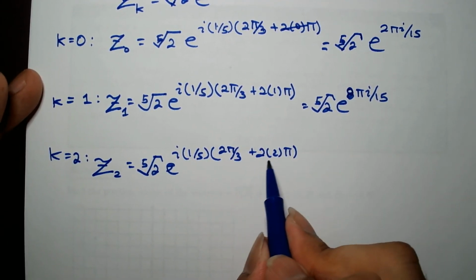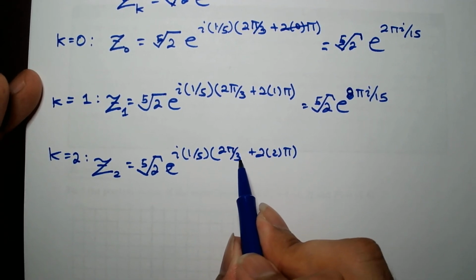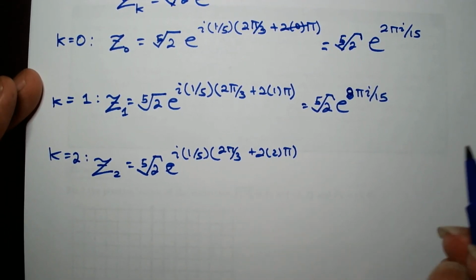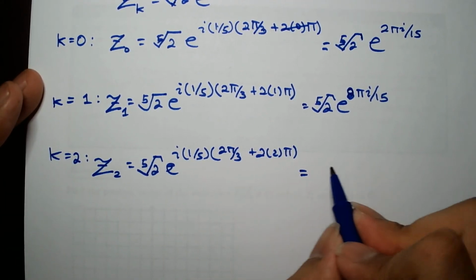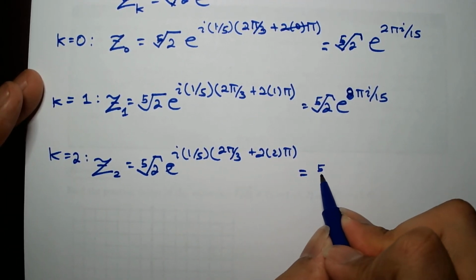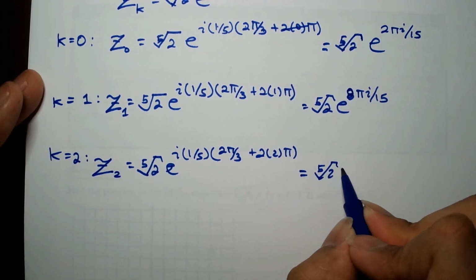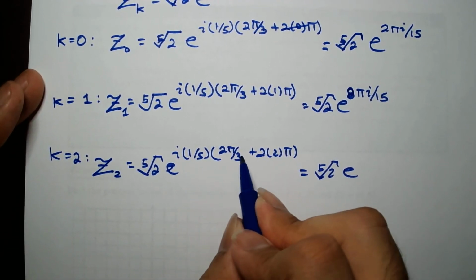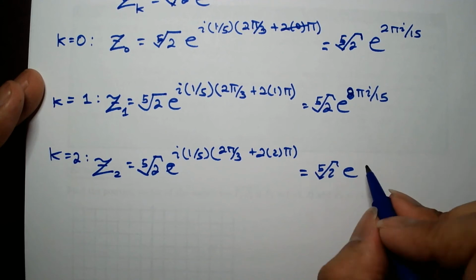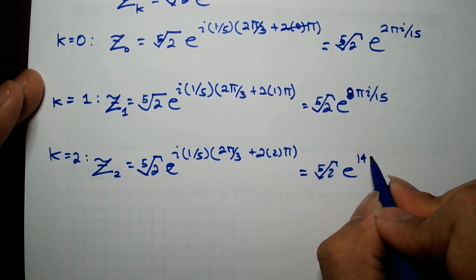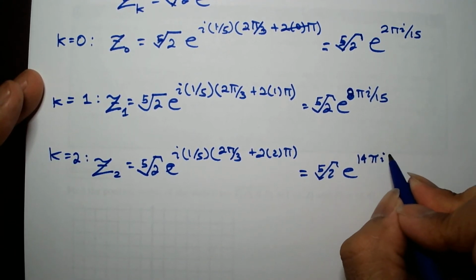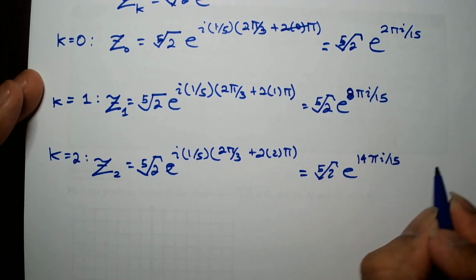So that's going to be 4 pi. 4 times 3, that's 12. 12 plus 2, that's 14. And in this case, 14 pi over 3 times a fifth, that's 14 pi i over 15. Alright?